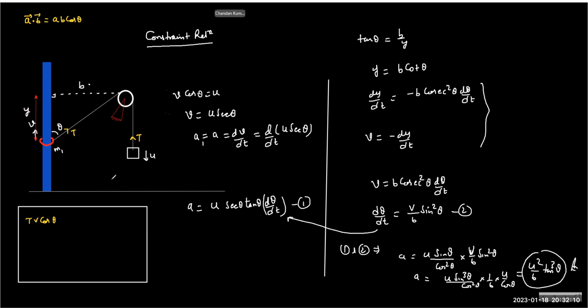What is the angle between the tension and the velocity U for M2? 180 degrees. So we can just write minus TU because the dot product will be negative. And this must be zero because the net summation of T dot V on the system is zero. And we're done. See, we got the answer, right?